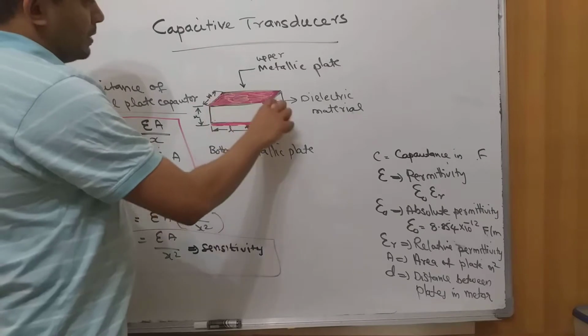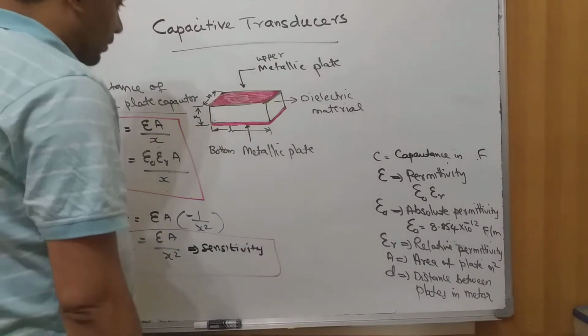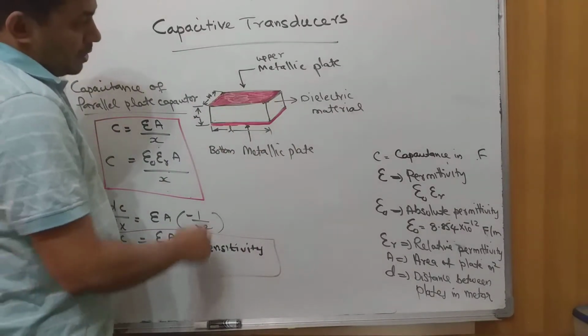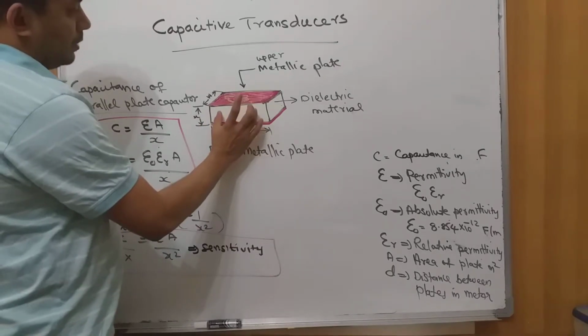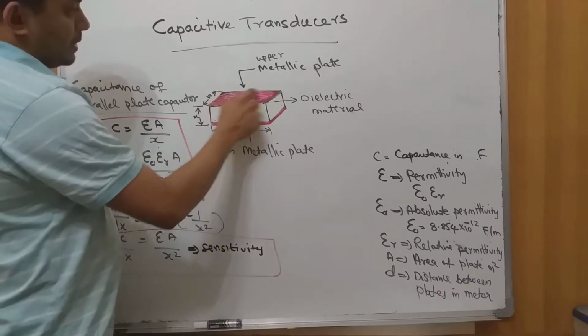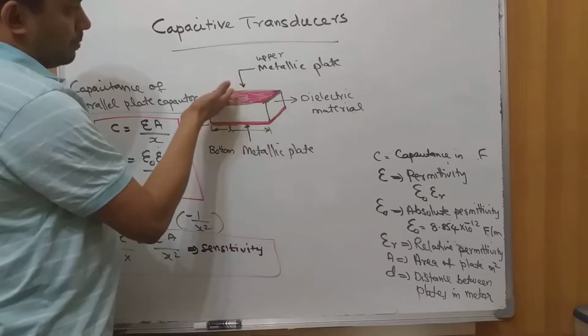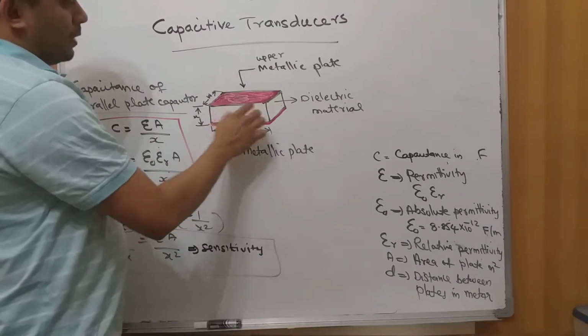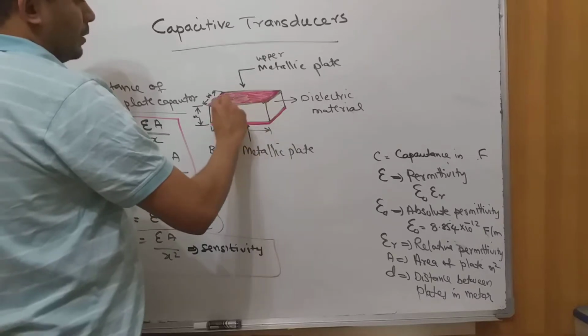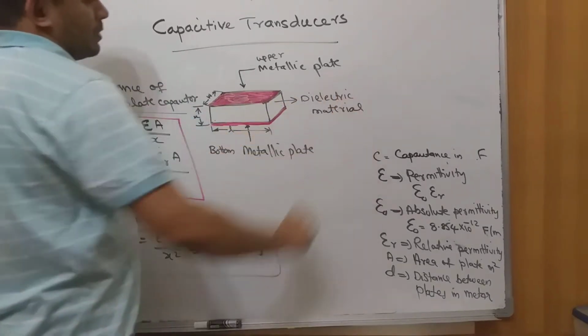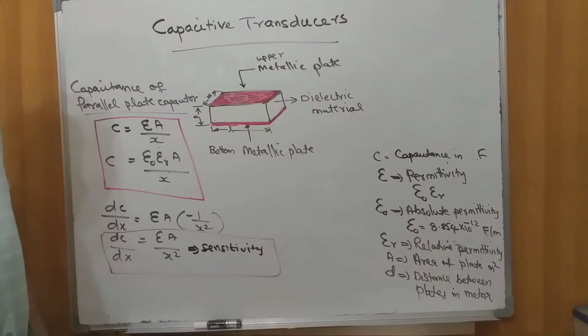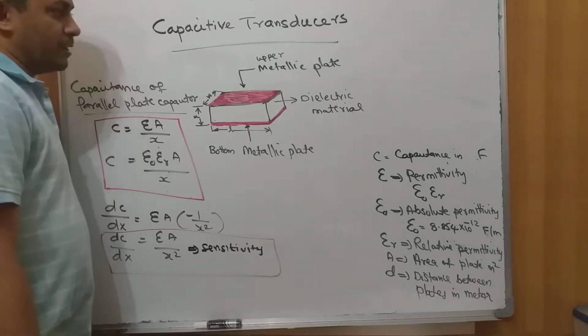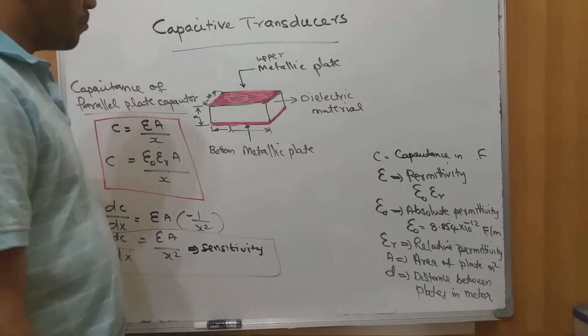This is the basic structure of a capacitive transducer, where you will find two metallic plates, indicated by the red colored upper metallic plate and the lower metallic plate. In between, you will find a material called the dielectric material, which is an insulating material. So this is the basic structure of a capacitor.